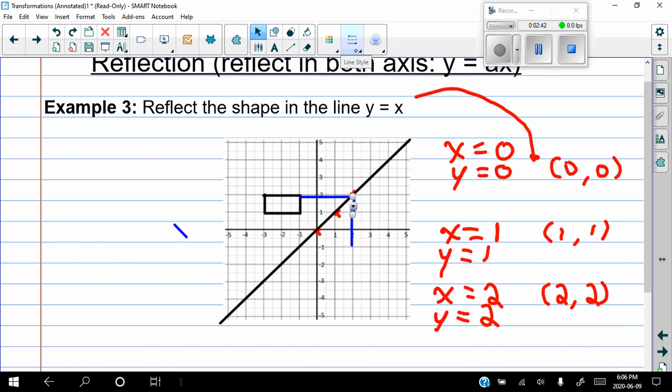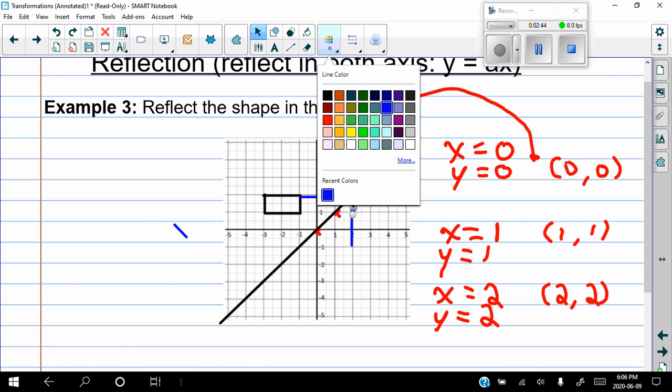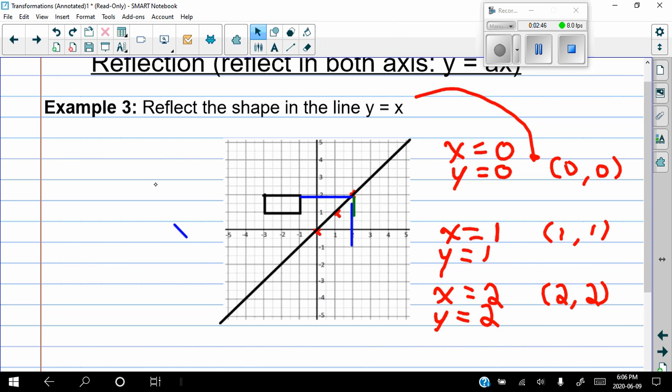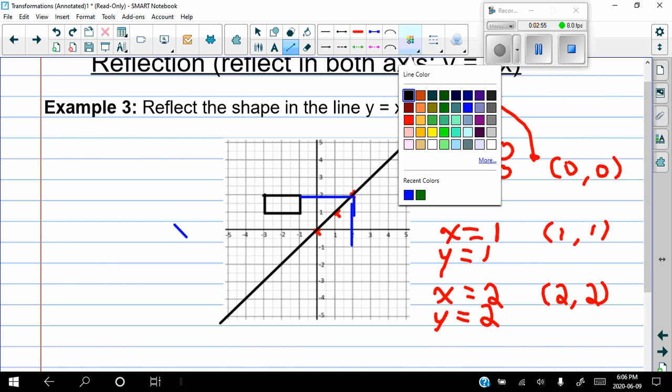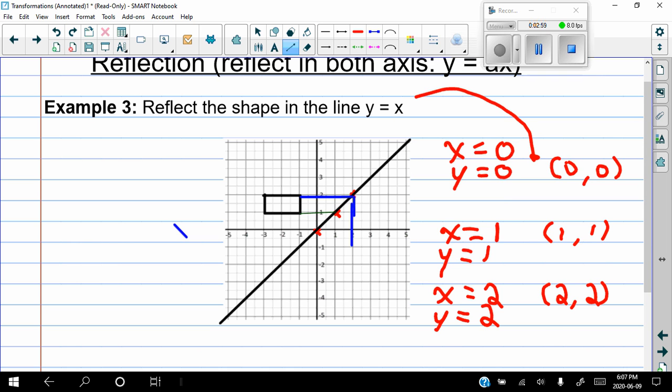Now, let's choose another point. I'm going to try a different color just so you can see it. And let's pick this point just below it. So here it's 2 away to the line, and then it's going to be 2 away.